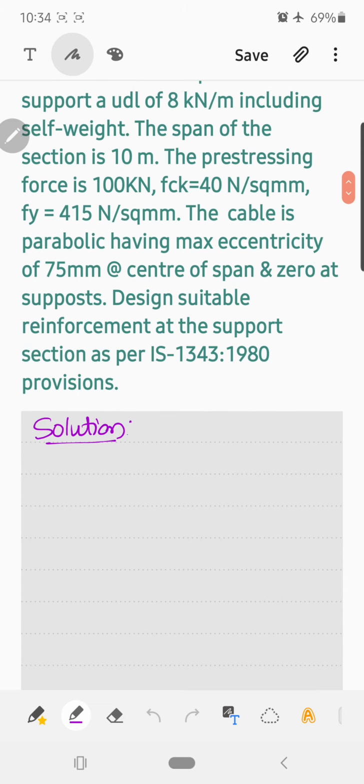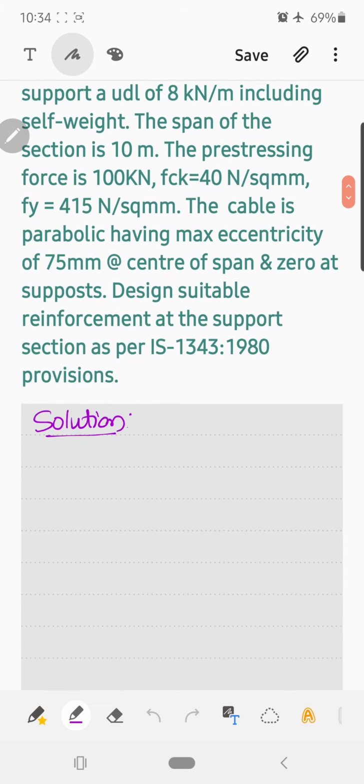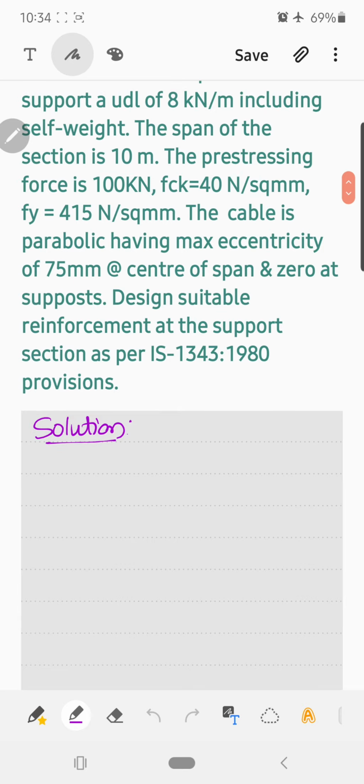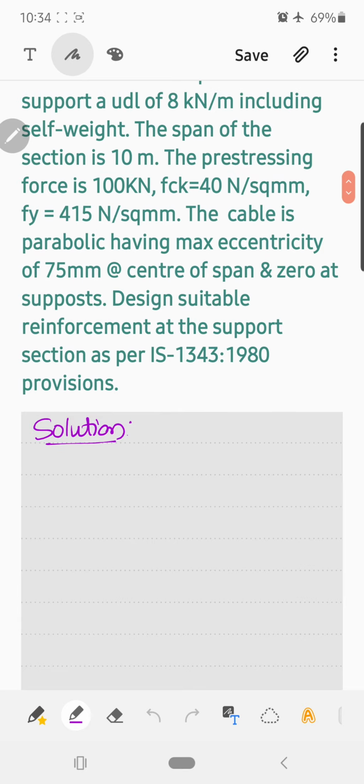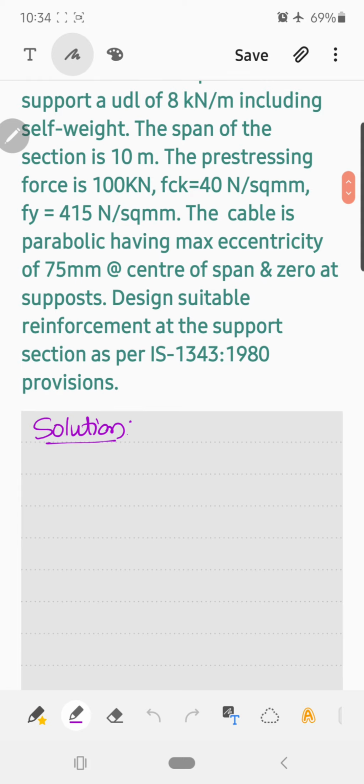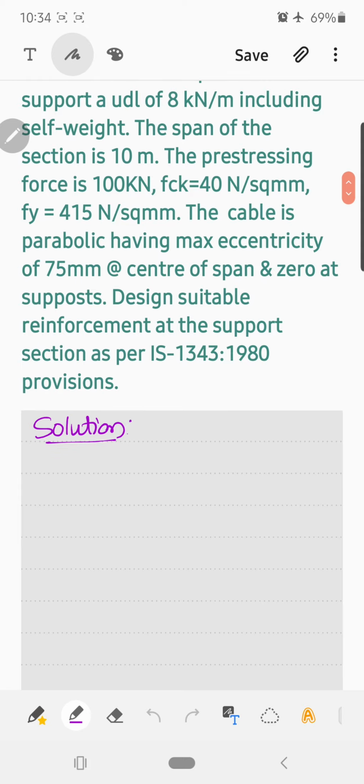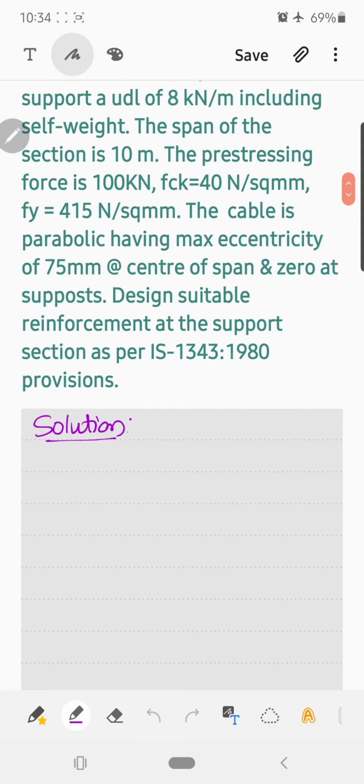In the previous problem, they had not mentioned whether it was a straight cable or a parabolic cable, so we took it as a straight cable, and the equation was 0.67 b into d root of ft square plus 0.8 fcp ft. The additional Vp did not come in that. Now here it is a parabolic cable, so additionally you have to take Vp as P sin theta.